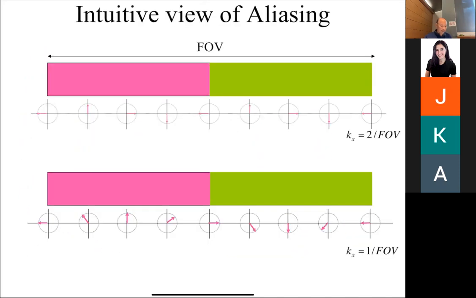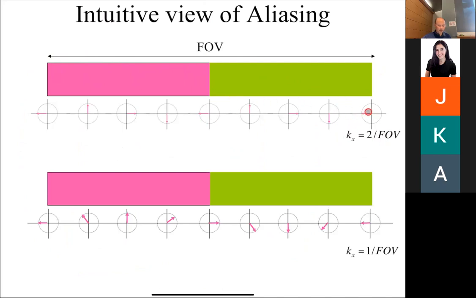Another way to think about it is, let's say this is my desired field of view, and I have this really simple object within it. It's all pink here, and all green here. Let's say I had a kx that's 2 over the field of view. That means one period goes from here to here.